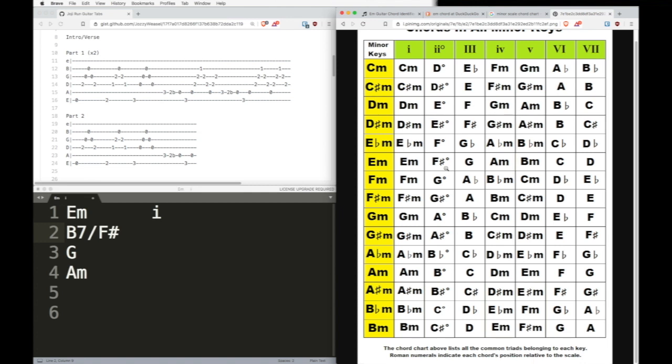But we can also see that the F sharp is the 2 right here. So that's kind of why this chord works, even though it's not exactly a B minor like it should be in this chart. So let's just write that for now. And this G looks like it's the 3 right over here, and the A minor is the 4.